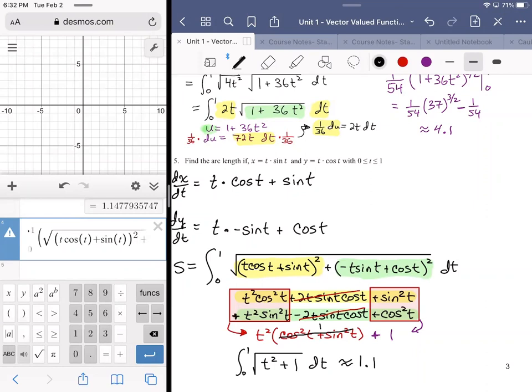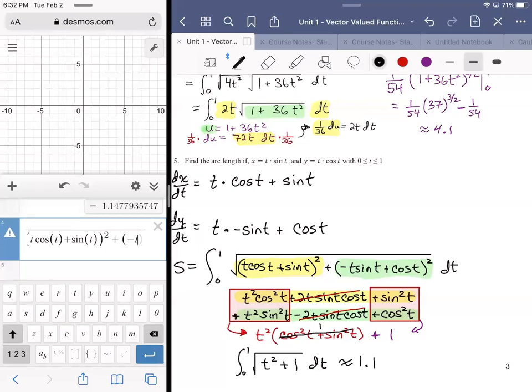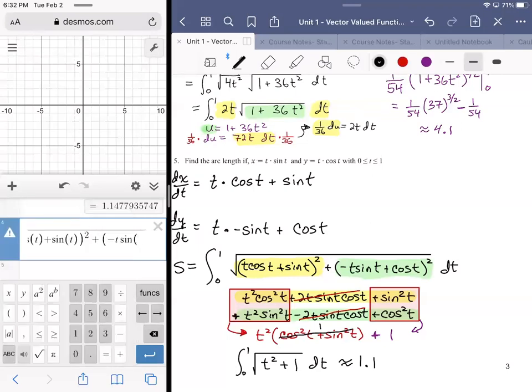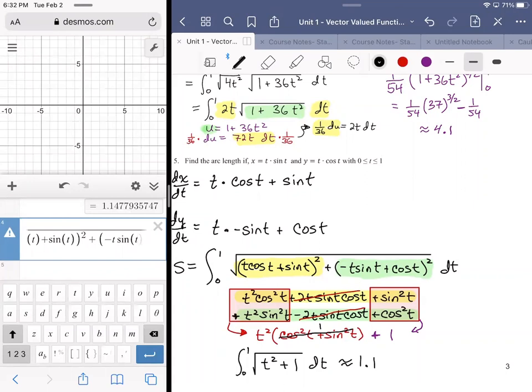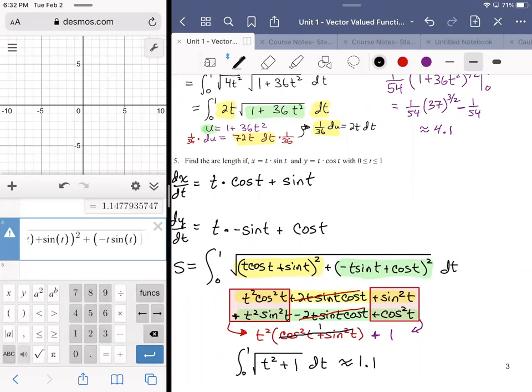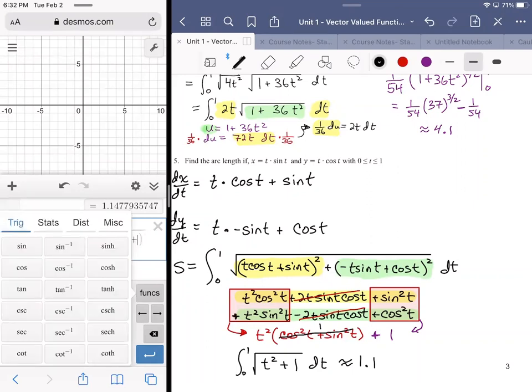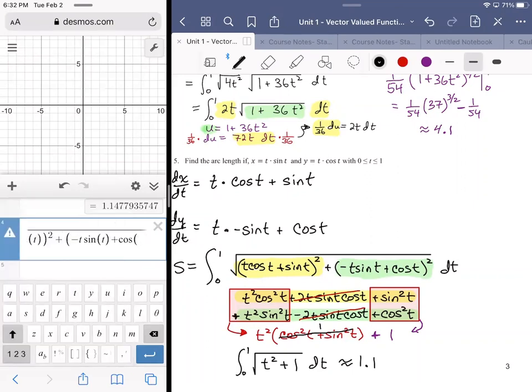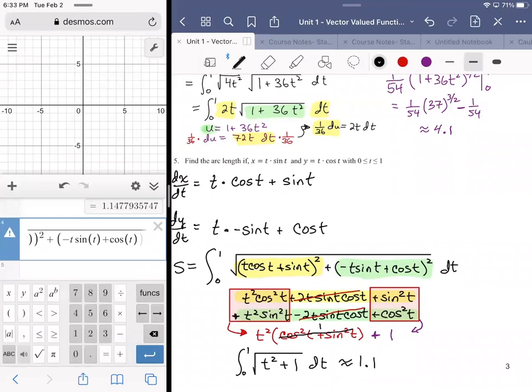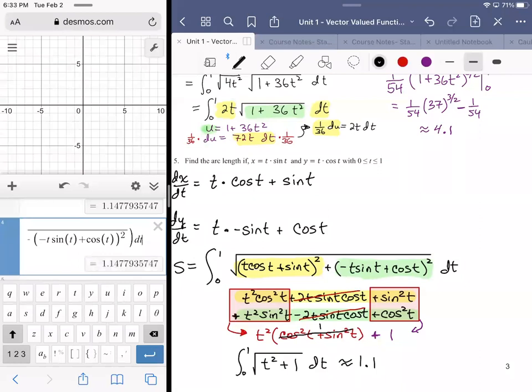Then plus open paren, negative t sine t, close it up for the sine, plus cosine t, close it up for the cosine, close it up for that part of the radicand, square it, step out of the radical, close it up for the integrand, and pop on a dt.